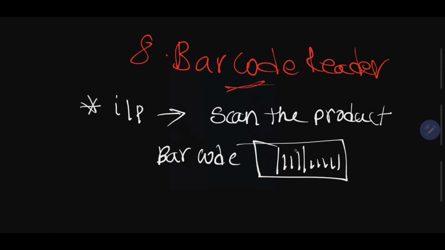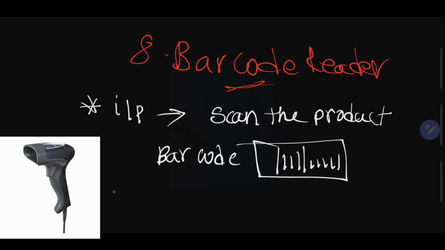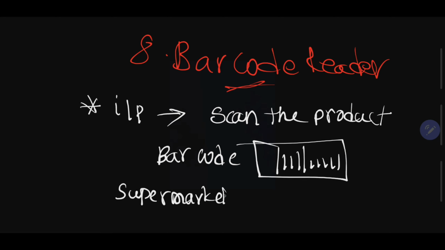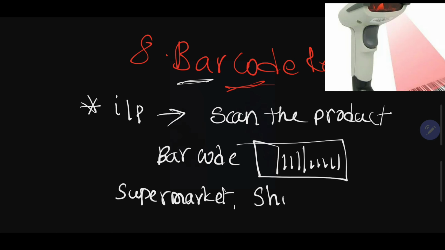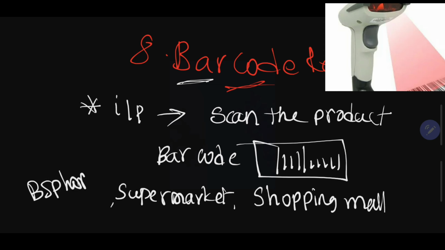Basically, if you go to a supermarket, most of the products are scanned through barcode. Not only supermarkets, shopping malls and some kinds of business shops, everything is read through the barcode. So this barcode reader we can also call a POS machine, point of sale machine.